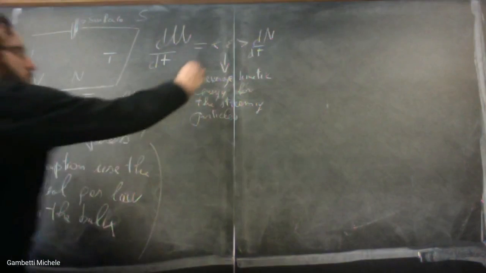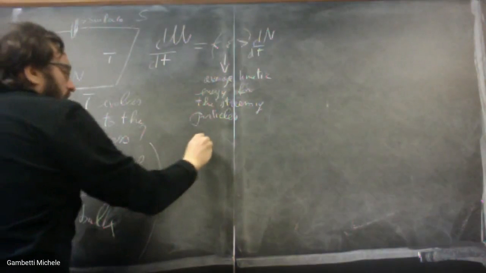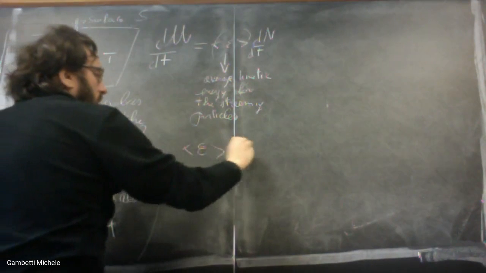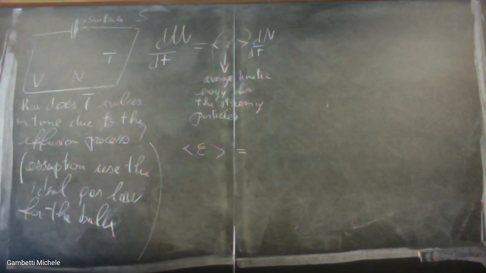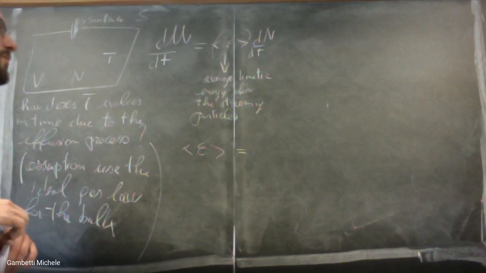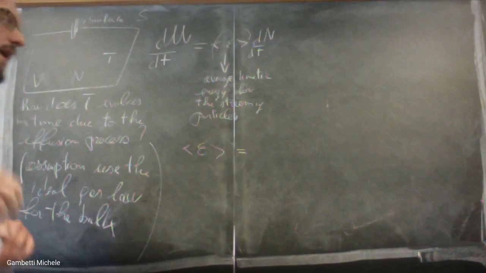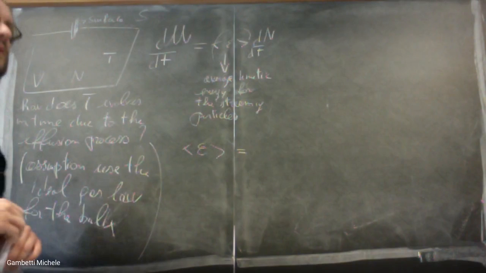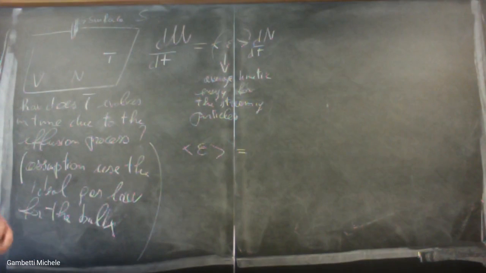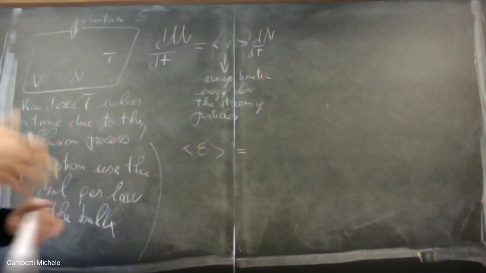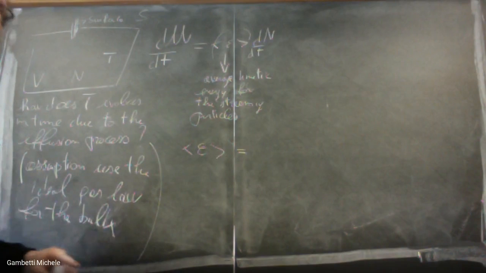Now again, to compute this average kinetic energy, the calculation is basically as before. I have a probability distribution for the particles inside the stream, and to compute the average I have to use that probability distribution times the quantity I want to average, and integrate over all possible values of v.